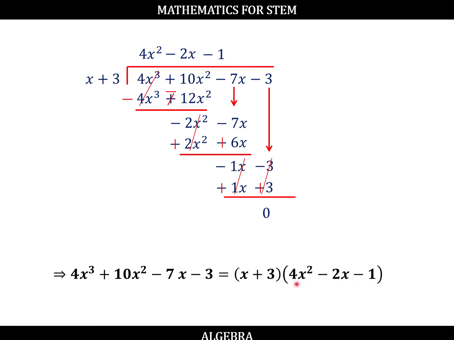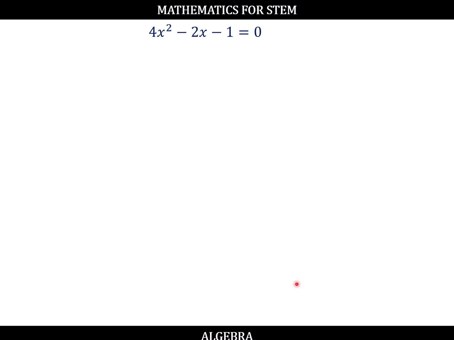So we've got 4x squared minus 2x minus 1. We're going to solve this quadratic equation. a is the number in front of the x squared, which is 4. b is the number in front of the x, which is minus 2. And c is the constant term on its own, which is minus 1.